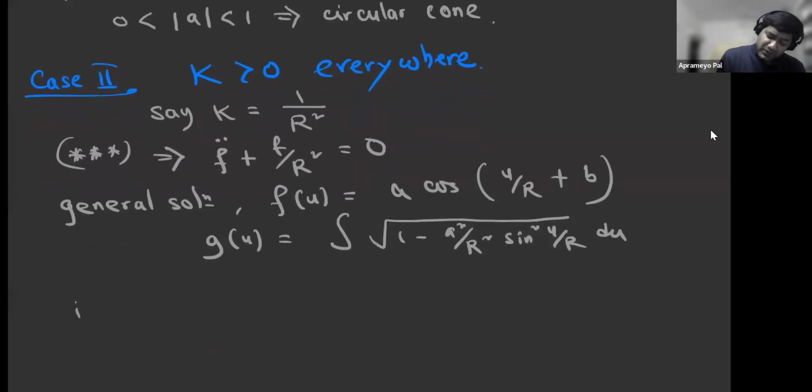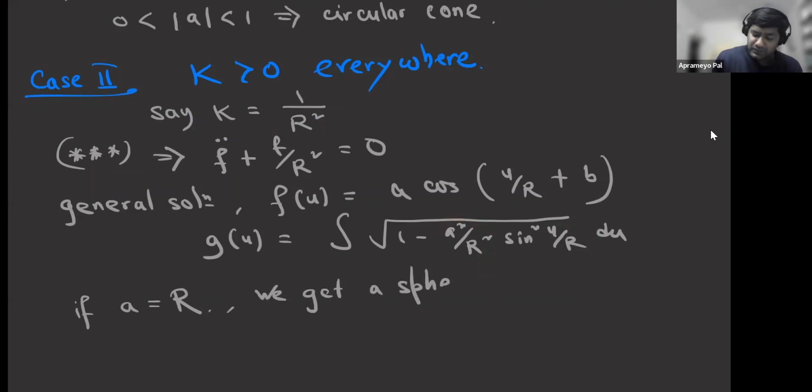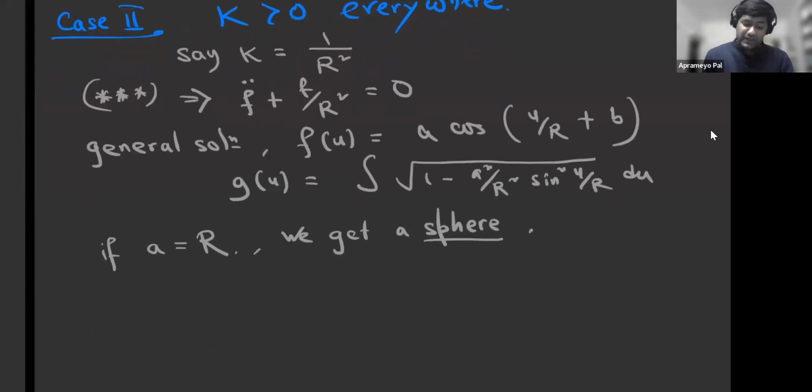But in particular, if you put a equal to r, then this goes away, this becomes 1, and this simplifies, and we actually get a sphere, which we knew. A sphere is also an example of a surface of revolution, but that's the only example where K is positive everywhere. That's the important thing.